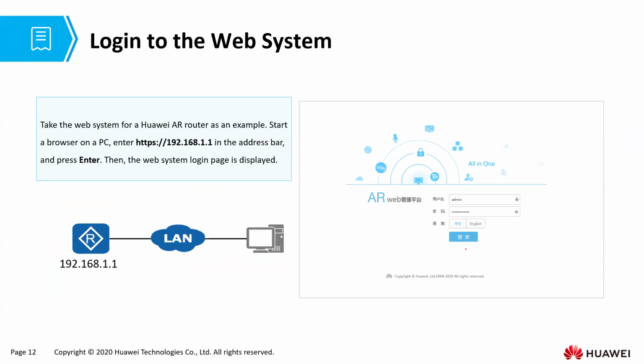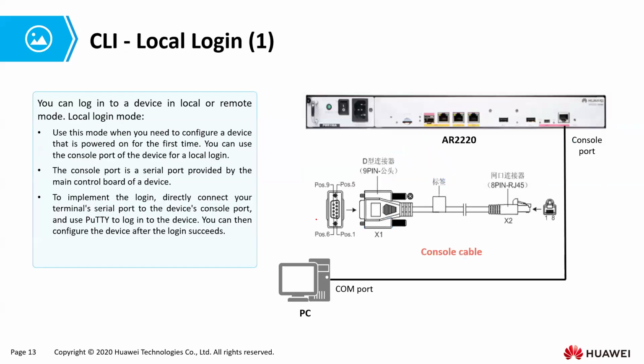Here is an example of how we can manage our device via the web system. You just access the device via its IP address. Simple concept. Then local login, this one is via the console. They tried by all means to show us what a console cable looks like.